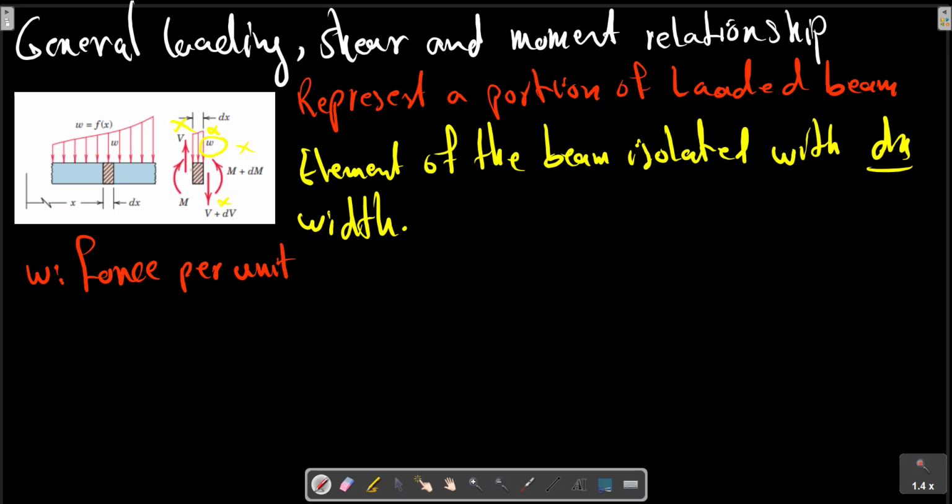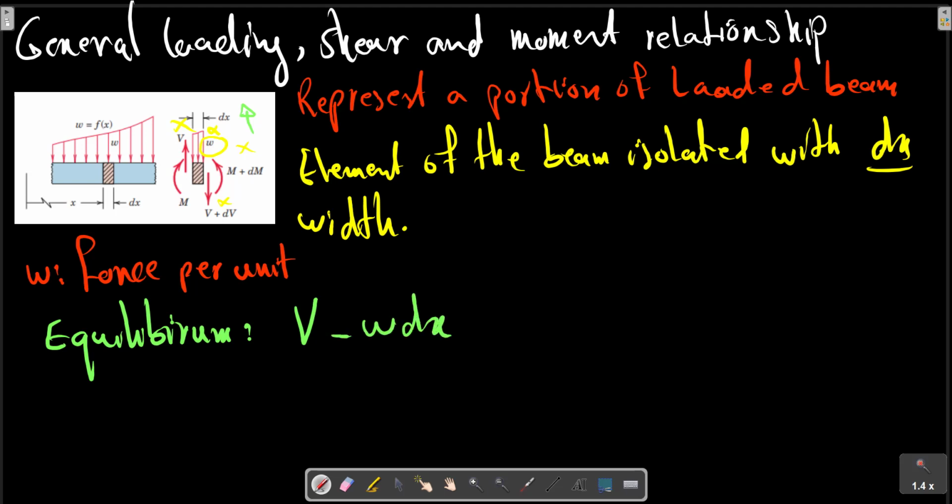Equilibrium of the element requires that V in the positive direction, minus omega dx, minus V plus dV equals 0.